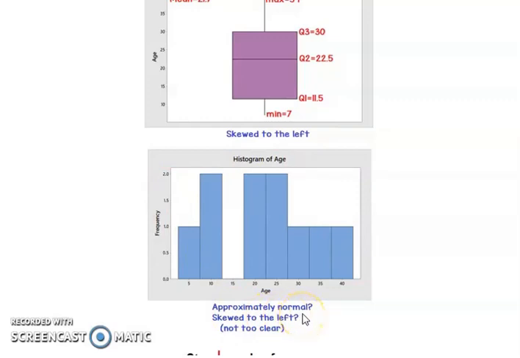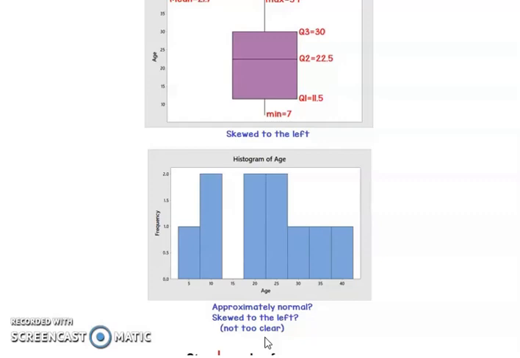Looking again, it is skewed to the left, because more data falls on the left, or more observations towards lower values. So using a histogram like this, it is not too clear or too obvious to conclude whether it is skewed to the right or skewed to the left, or maybe approximately normal.